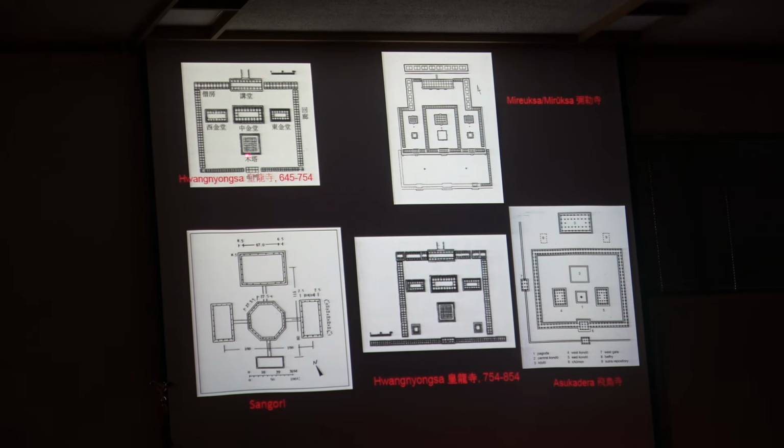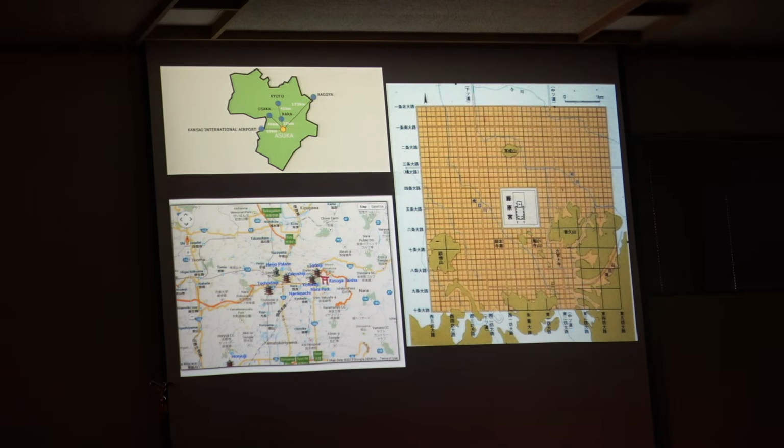This version from this time period of Hwangnyeongsa, pagoda, 3 Buddha halls, and here's the later version. And now I'm in Japan, and my date here is 588, and I have a pagoda, and I have 3 Buddha halls around it, and I have a lecture hall here, and I have a gate.